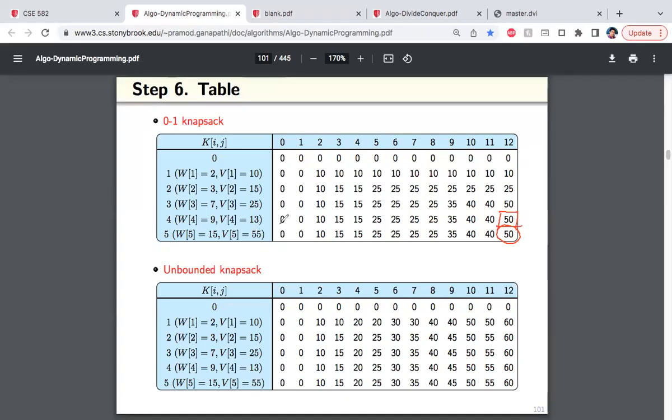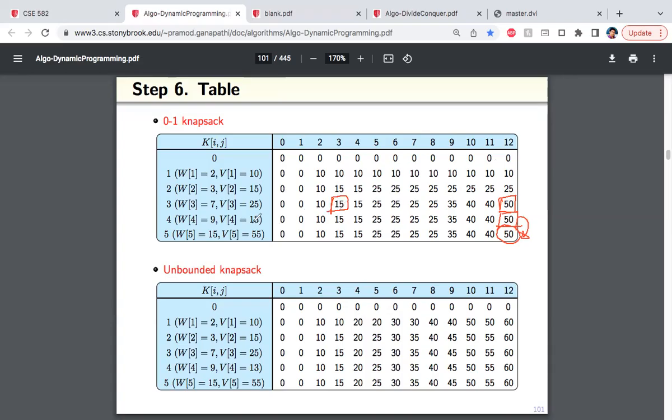That's not possible here, so this value comes down here directly. Similarly, this cell, 12, comes from this cell, or 12 minus 9. 12 minus 9 is 3, this cell.